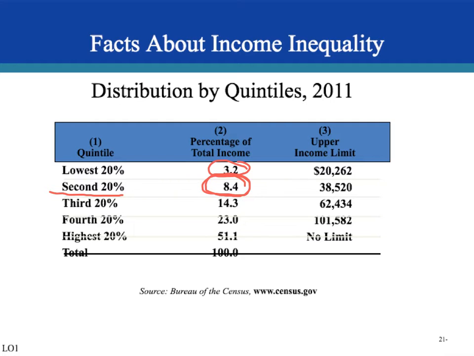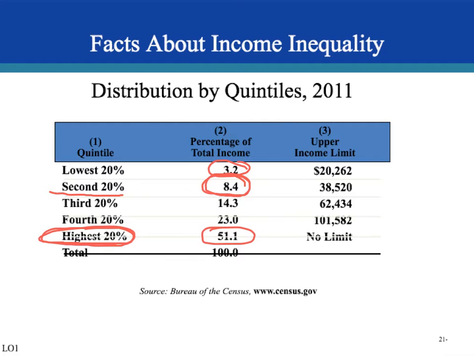And you can see here that the highest 20% of income earners in the whole population, their income makes up 51.1% of total income.